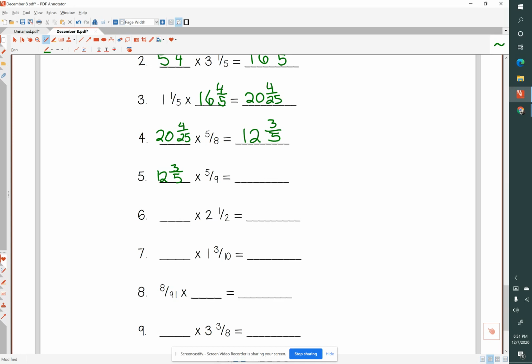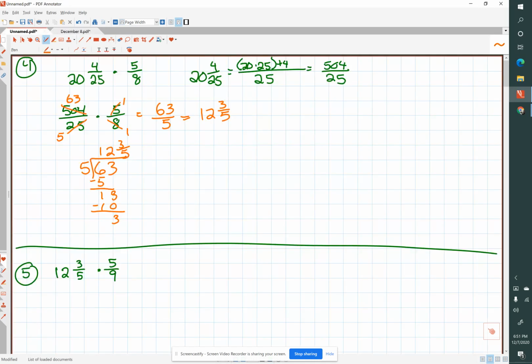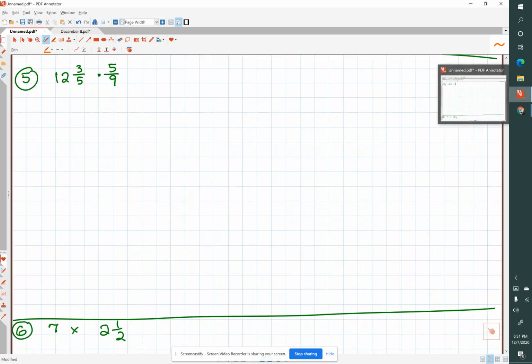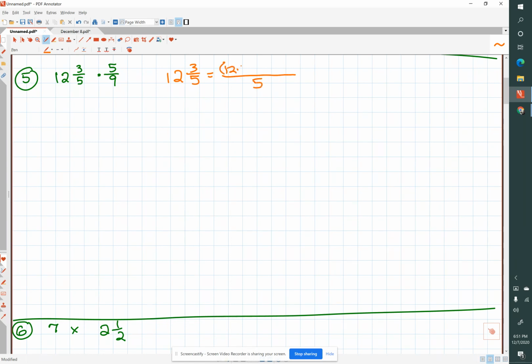All right, which we will multiply by 5/9. And I've set that problem up for us already. So 12 3/5, we convert. 12 times 5 plus 3, which is 63/5, which we multiply by 5/9.